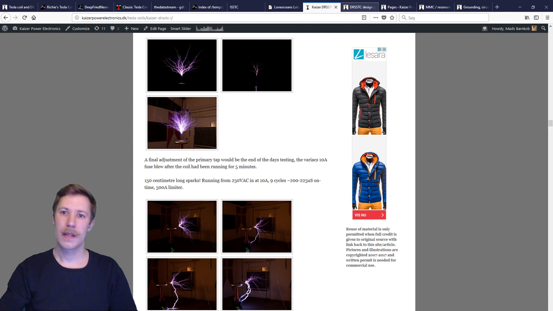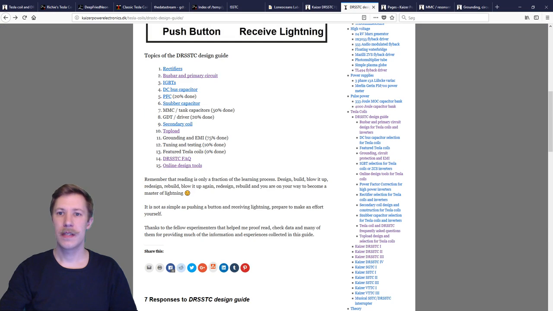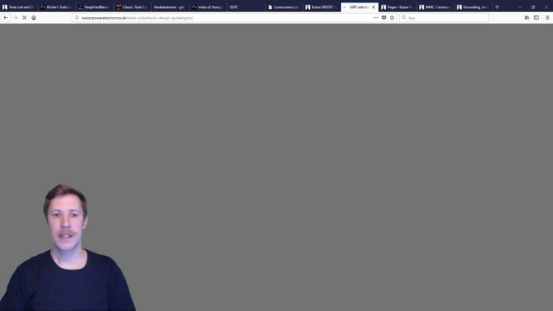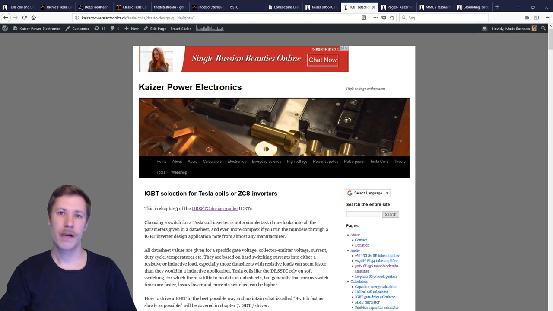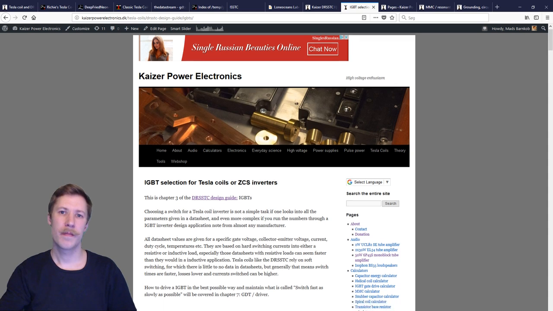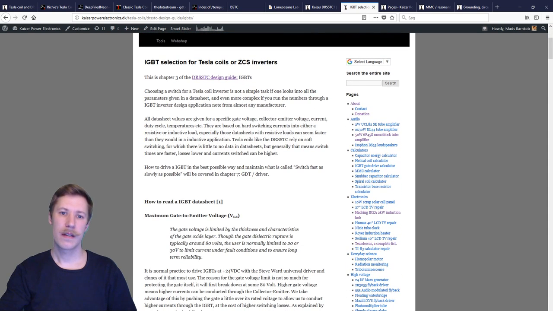So moving straight into the DRSSTC design guide, I tried to write this from a point where there's not really a red line. You can pick out the chapters that you want to look at, and that you need right now, where the IGBT chapter concentrates a lot about the thermal management that is needed.